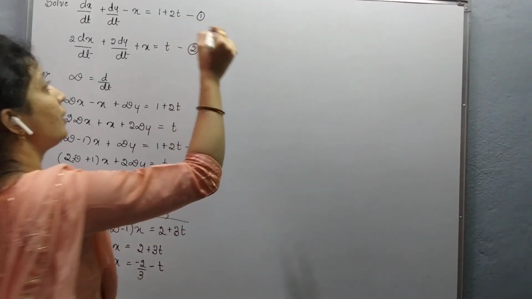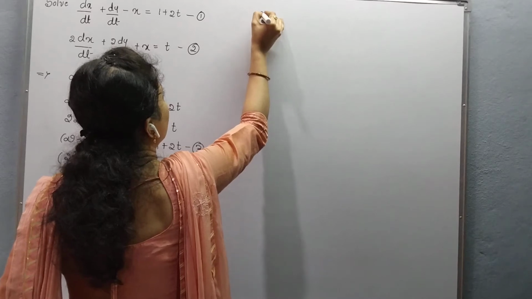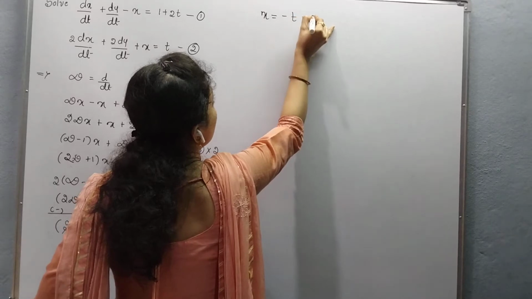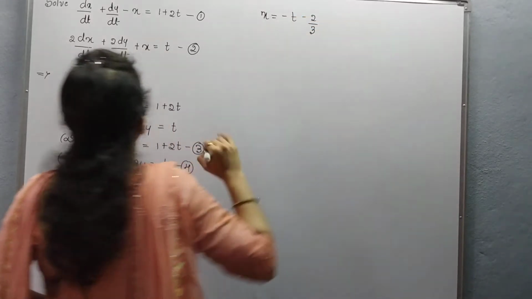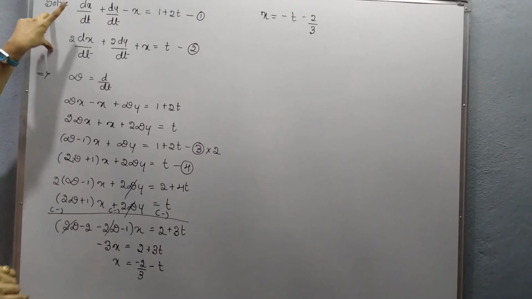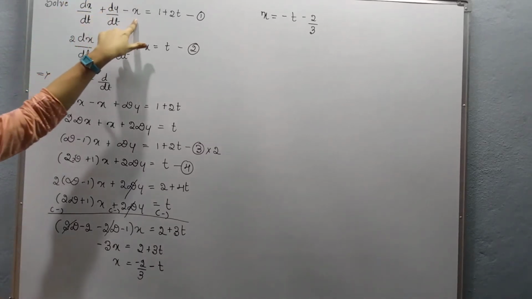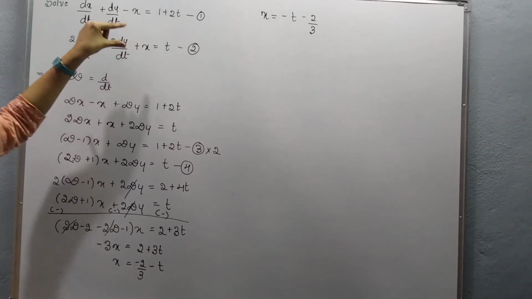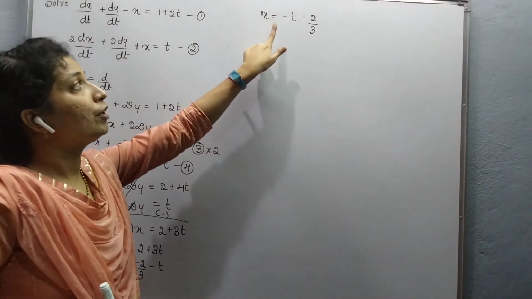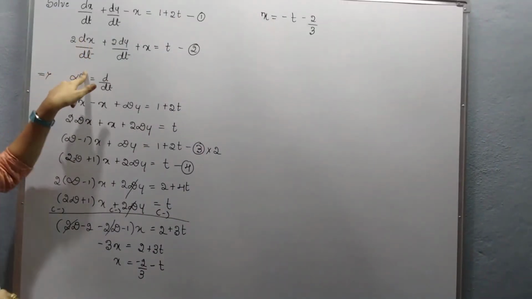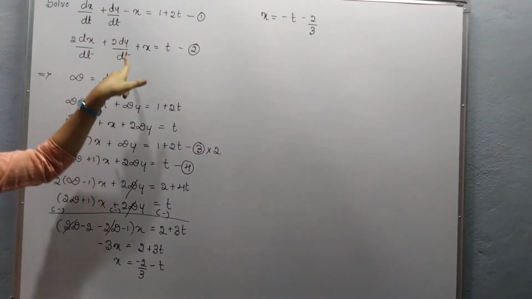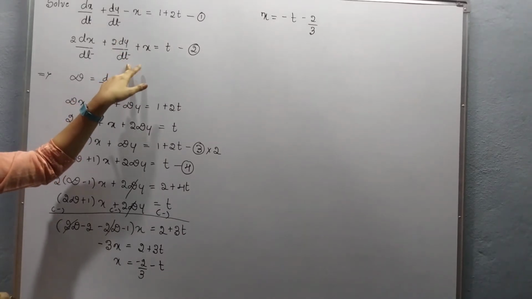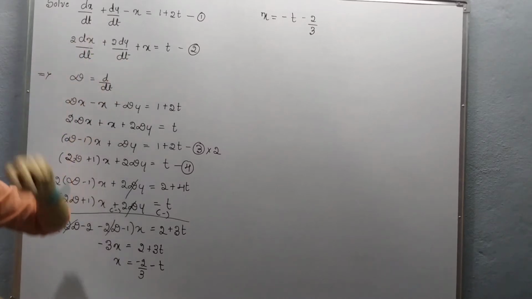So again we can write that x is equal to minus t minus 2 by 3. Here we get the x value. Then differentiating this x term with respect to t, we get dx upon dt. After that we have to find the dy by dt value, then we can separate the variables and integrate to get the y value.